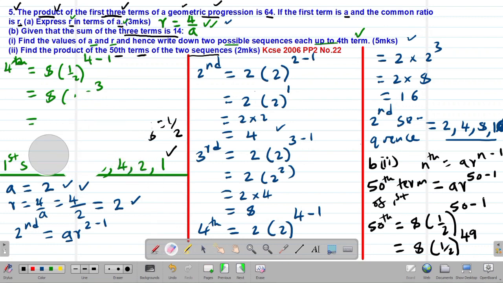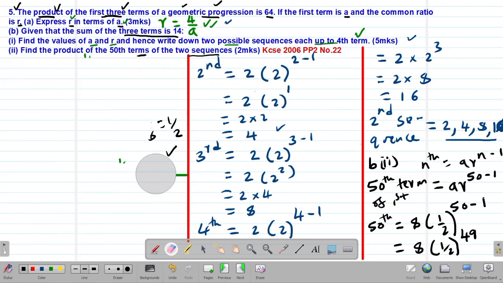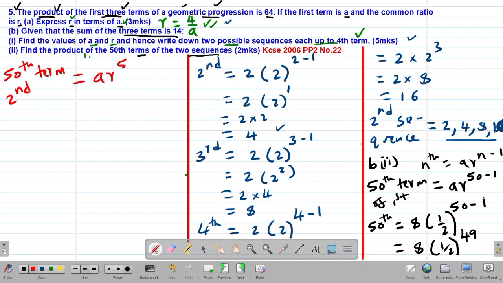Then we'll also find the 50th term of our second sequence. For us to find the 50th term so that we can get the product, we are going to have the following. The 50th term of the second sequence will be given by, of course, ar to the power of 50 minus 1, which will be given by, the first term of the second sequence was actually positive 2.